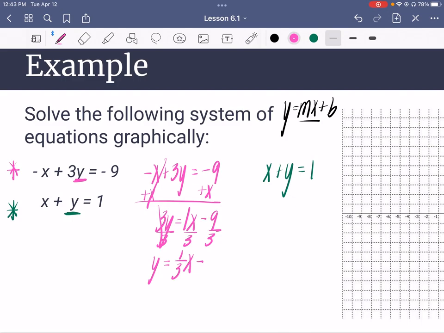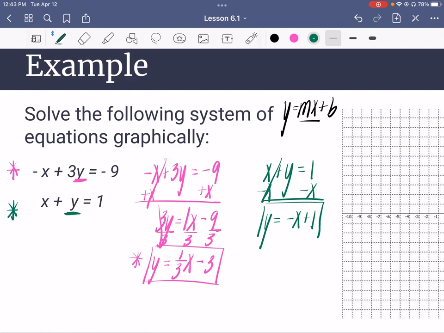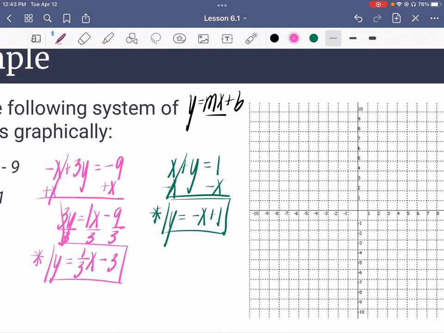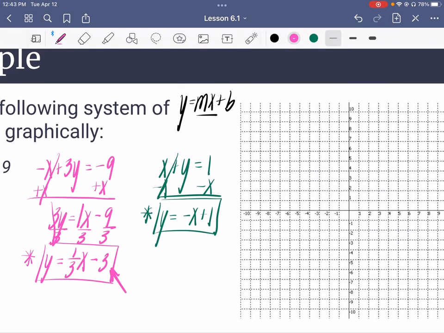Okay, so when we have x over 3, reminder that this is 1x, and so if I want to just write that as a fraction so I can see what the slope actually is, this would be 1/3 x. And then I have a minus sign, 9/3 is the same thing as 3. All right, so here's that equation. And then this next one is a little bit easier. I just have to subtract the x, so I get y equals negative x plus 1.